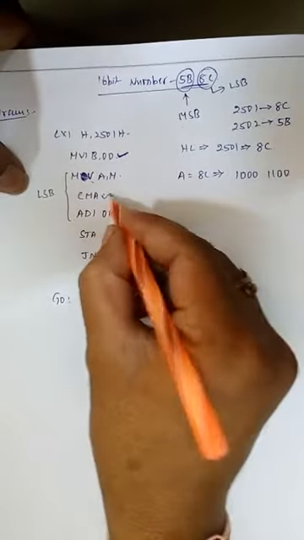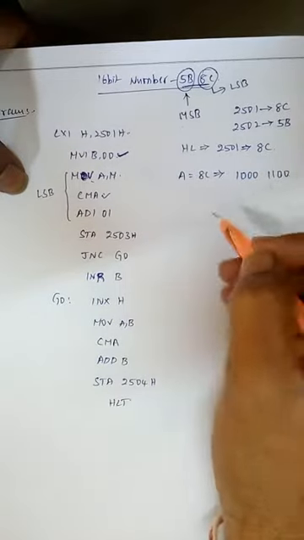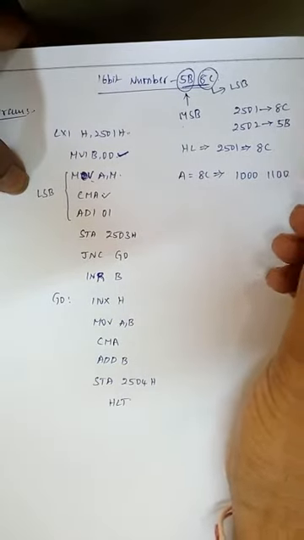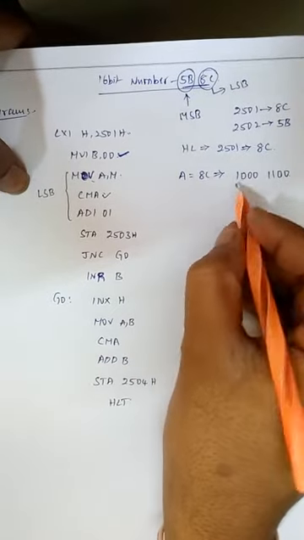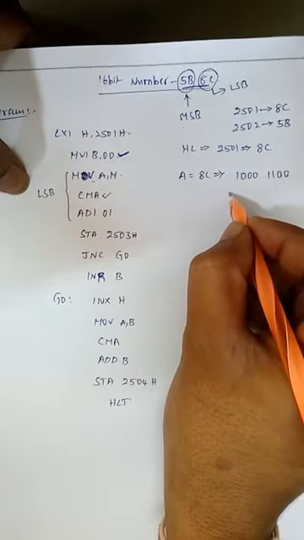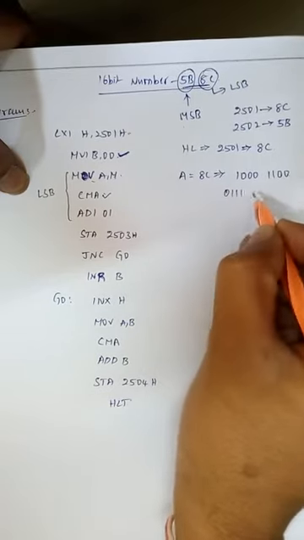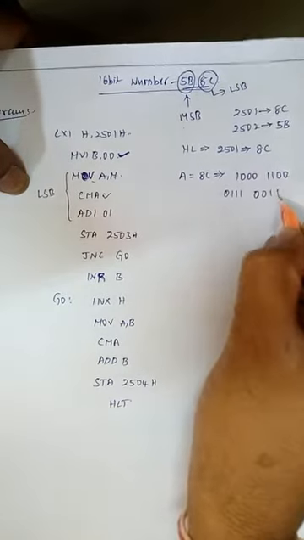After that, complement A applies the 1's complement, that is, instead of 0 we write 1, and instead of 1 we write 0. By converting this we will get 01110011.